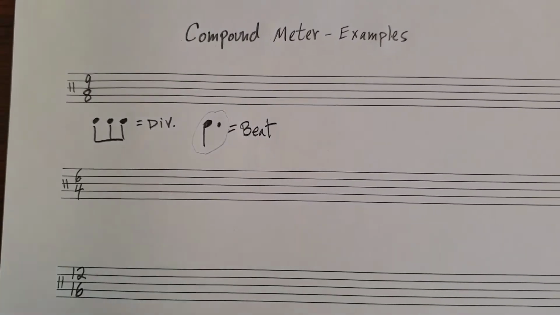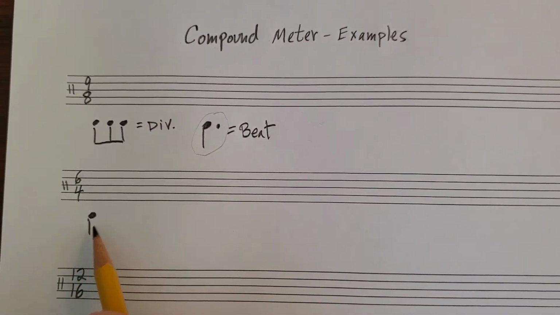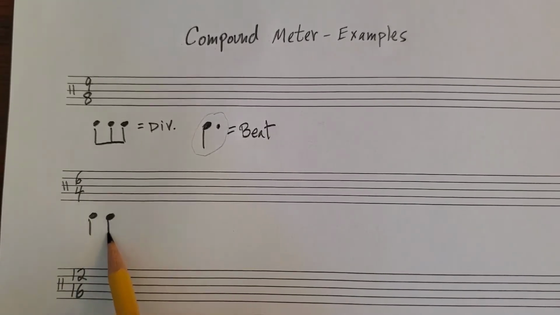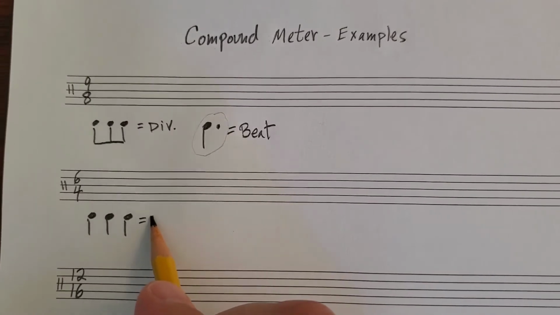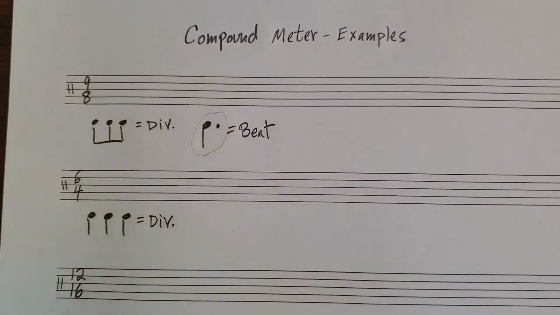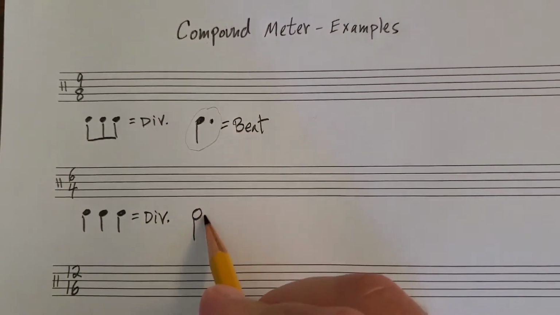6/4, the 4 in the bottom indicates quarter note. And again, because there are 3 divisions in a beat in compound meters, we would say 3/4 is the division. Therefore, the beat is a dotted half note.